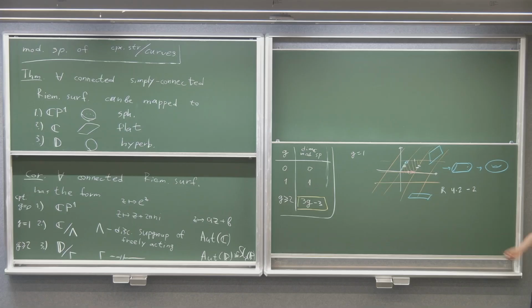Okay, I already mentioned that the automorphism group is 4-dimensional in real terms. So I just subtract 4 to get rid of this automorphism freedom. And the result that I get is 8 minus 2 minus 4, it's 2. And 2 real is 1 complex dimension.